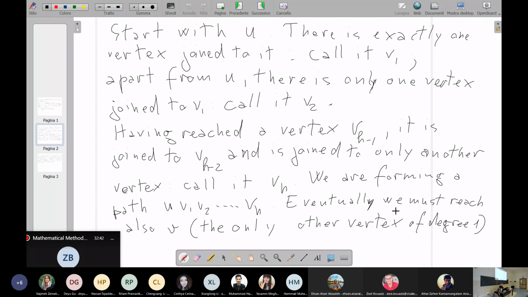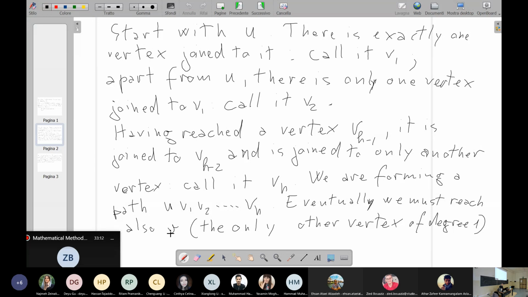If this were an infinite graph, and we do not talk about infinite graphs in this course, in this book, then we could go on forever, but not with a finite graph. With a finite graph, you go short of vertices. Eventually, you reach the other vertex of degree 1, and you finish your path.